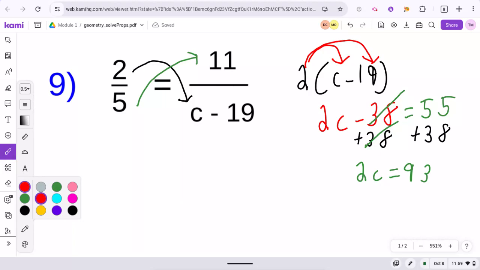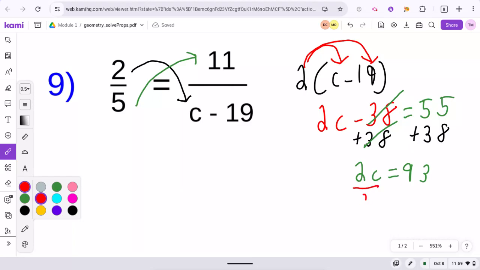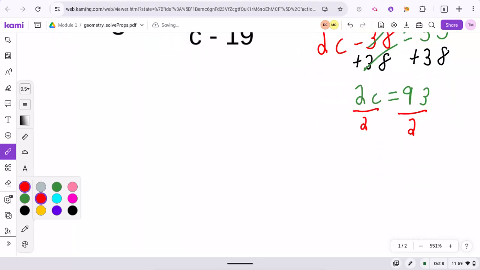Then you have 2 times c. So do the opposite of 2 times c, which is divide by 2, divide by 2. 2's on the left cancel. You're left with c. Then you can put in your calculator, 93 divided by 2, and you get 46.5.